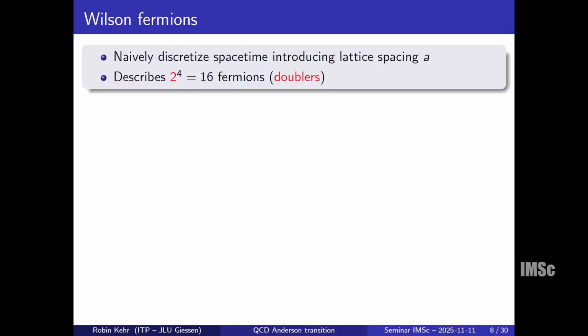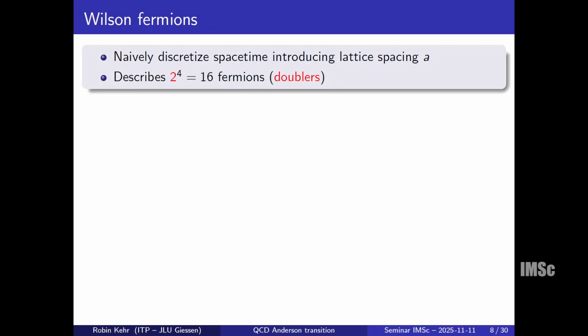And if we then go on the lattice, if we do a naive discretization of the fermion action by introducing a lattice spacing, then we end up describing 16 fermions.